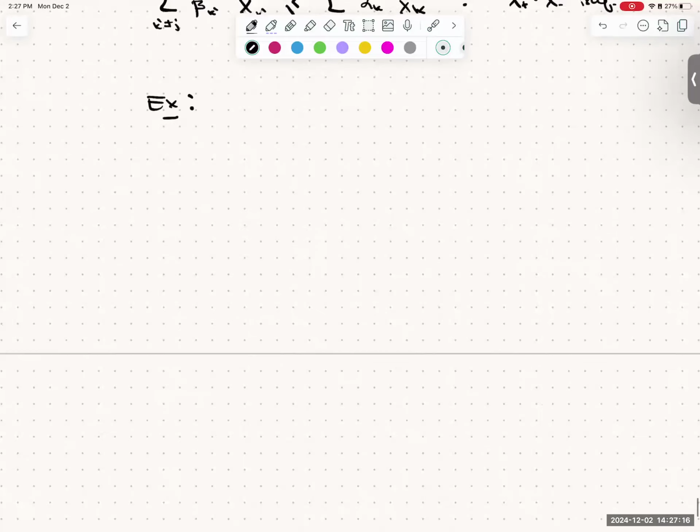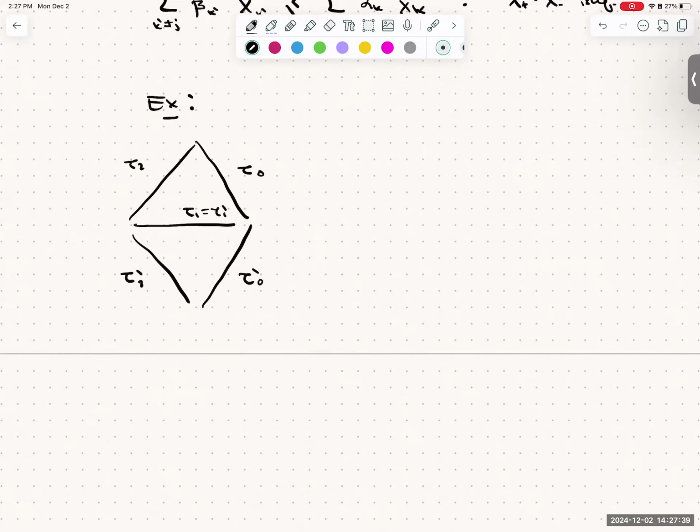So if I have this diamond, let's call this T2, T0, T1 equals T1 prime, T2 prime, T0 prime.